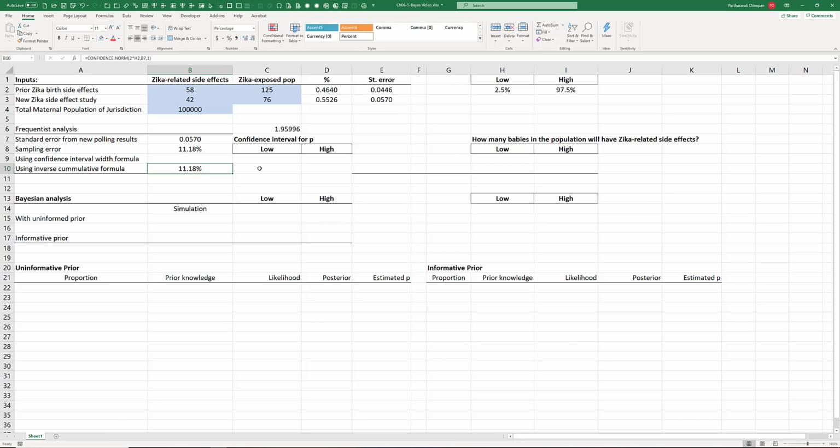And then the confidence level for P will be that minus the sampling error, and then that plus the sampling error.